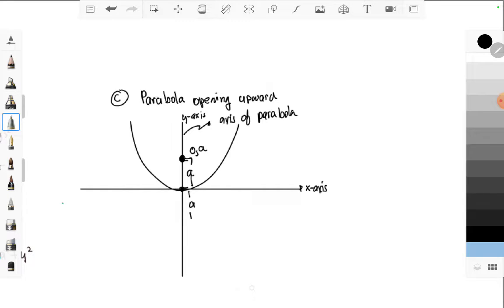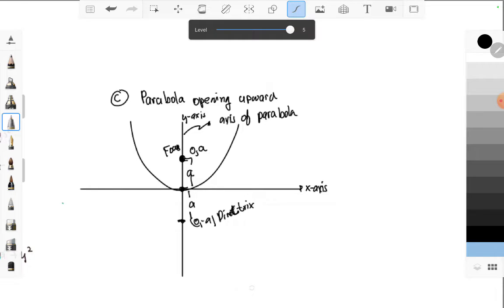This is also a, but particularly that is for distance, we would get the absolute value, but for its coordinates we'll have 0, negative a. So this will be my focus, and this will be my point in my directrix, that can be found within the axis of my parabola.